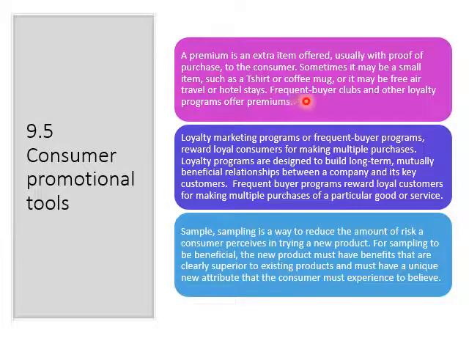And usually frequent buyer clubs and other loyalty programs offer premiums, right? Sometimes the premium could be a small item, such as this t-shirt and coffee mug, when you buy things like Colgate, for example, or not Colgate, what do they call it, Darlie, is it? So when you buy Darlie, you get a free bowl.